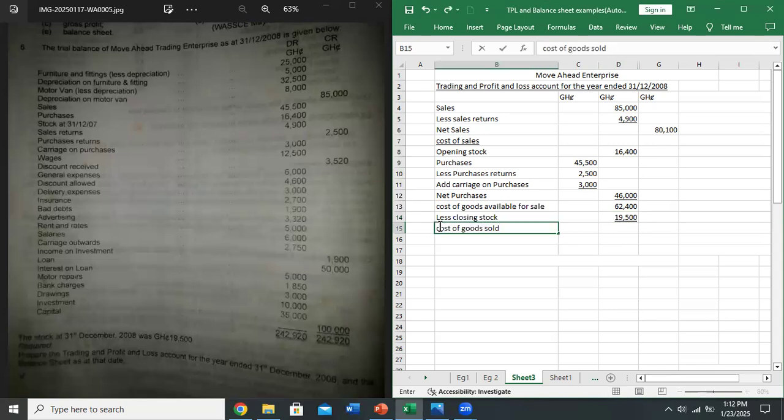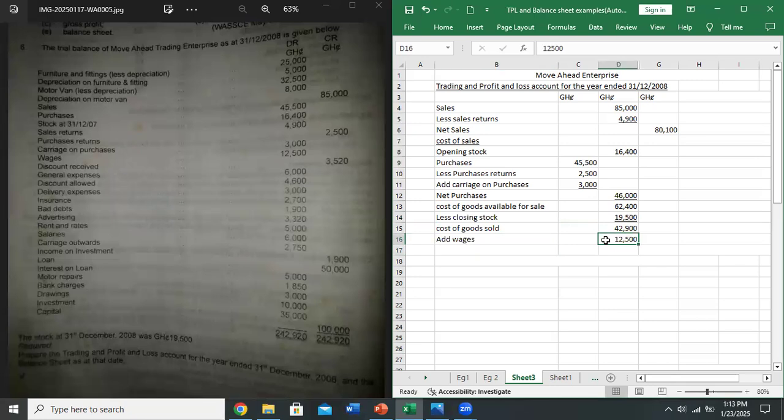We need to satisfy ourselves if we have any trading expense, which is yes, we have. So we would add the wages. The wages is 12,500. That's the only trading expense stated there.